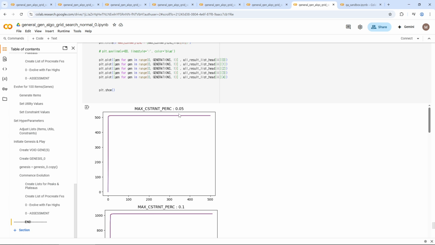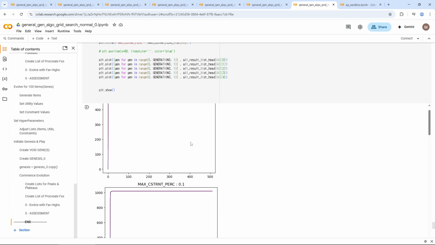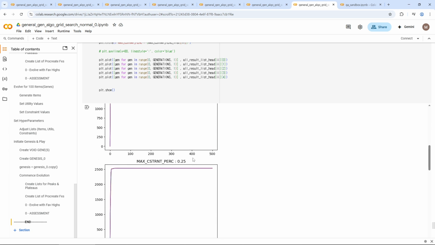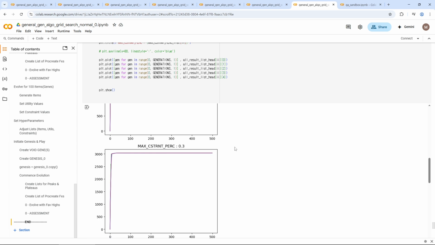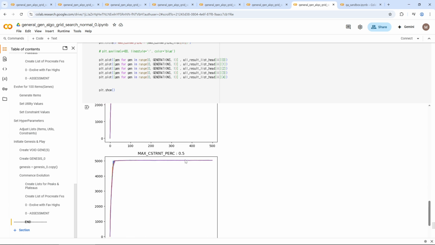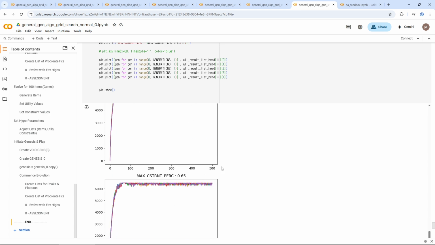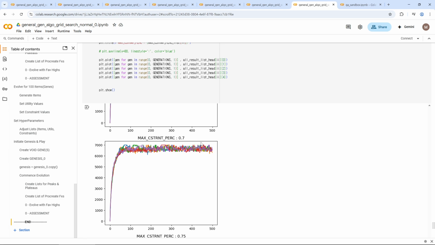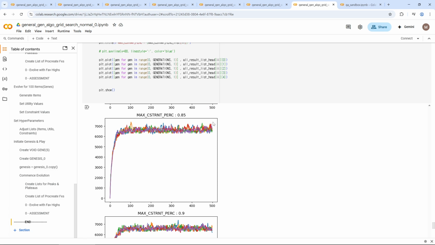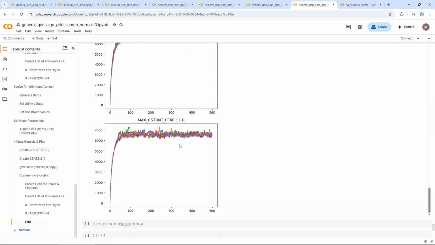So here we go, max constraint percentage at 5%, 10%, 15%, 20%, 25%, 30%, 35%, 40%, 45%, 50%, 55%, 60%, 65%, 70%, 75%, 80%, 85%, 90%, 95%, and 100%.